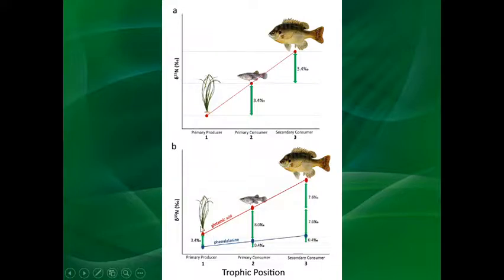So we have the algae going to the prey species, going to the bluegill, and you wouldn't even have to follow around that bluegill. You can just take a muscle sample and figure out what species it's actually eating.